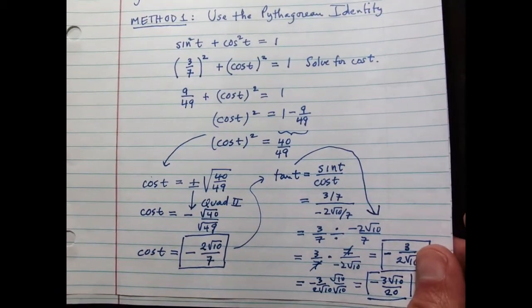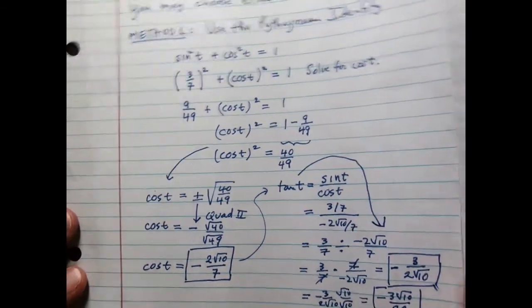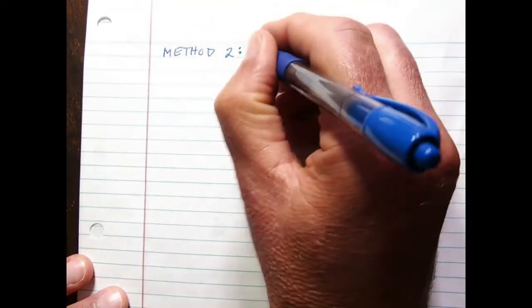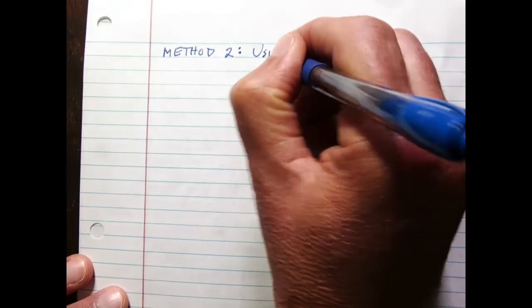Now we're going to do the same problem a different way, and we can compare the two. Method 2 is using a reference triangle, I call that.